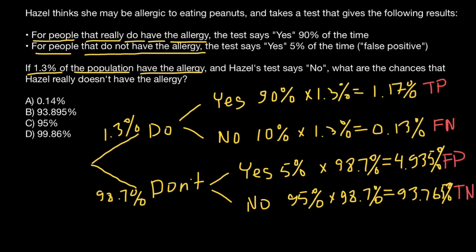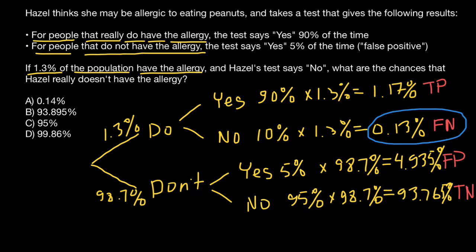Now let's read our question again. If 1.3% of the population have the allergy and Hazel's test says no, what are the chances that Hazel really does not have allergy? Let's circle those people whose test would show negative for allergy. This is going to be the false negative people, who do have allergy, but the test would show that they don't, false negative.